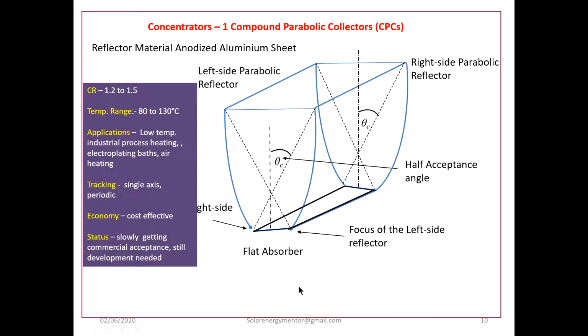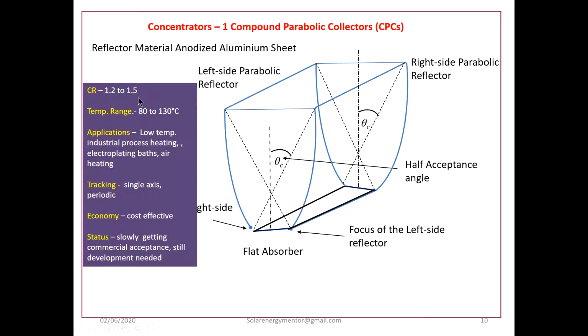Now the characteristic of the compound parabolic collectors which are used in the market is that they come in concentration ratios from 1.2 to 1.5. Now what is the concentration ratio here? Concentration ratio is the ratio of this aperture area, W into L, to this absorber area. So this ratio comes in the range of 1.2 to 1.5 in CPC.